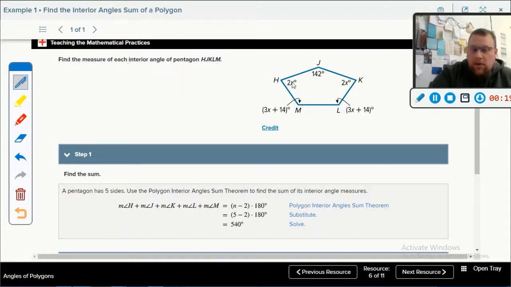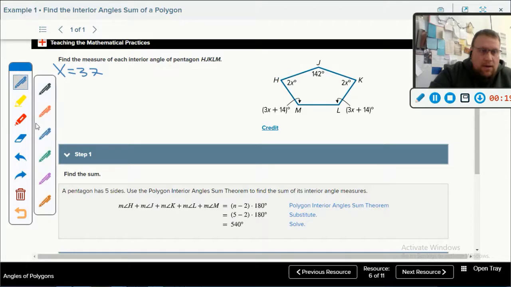Now we've got to solve for each one. If x equals 37 degrees, let's use a different color. I'm going to use red. Then I know that 2x can be 2 times 37, which equals 74.